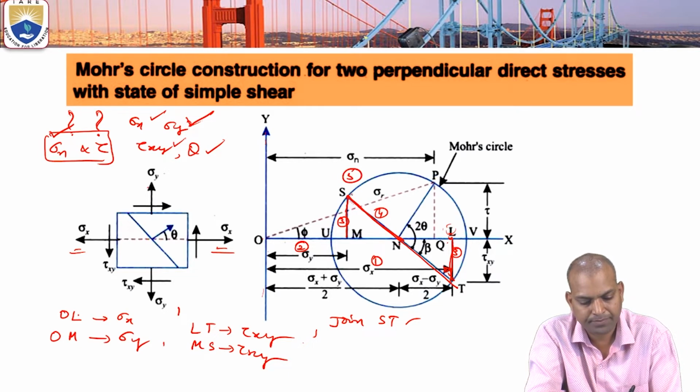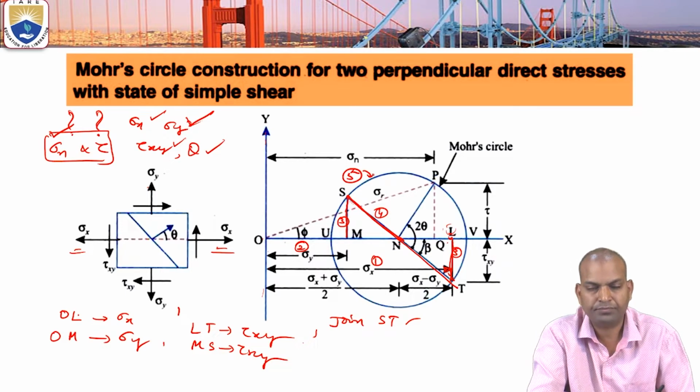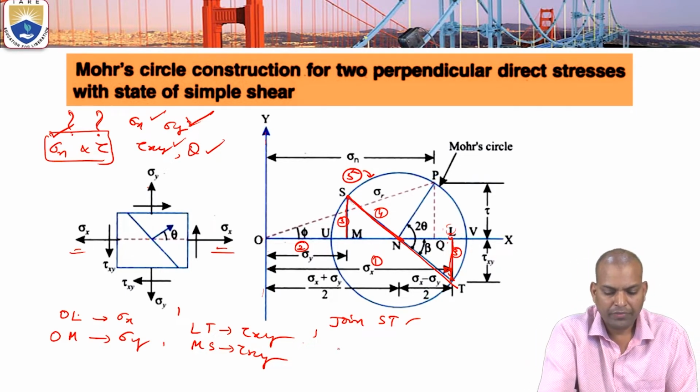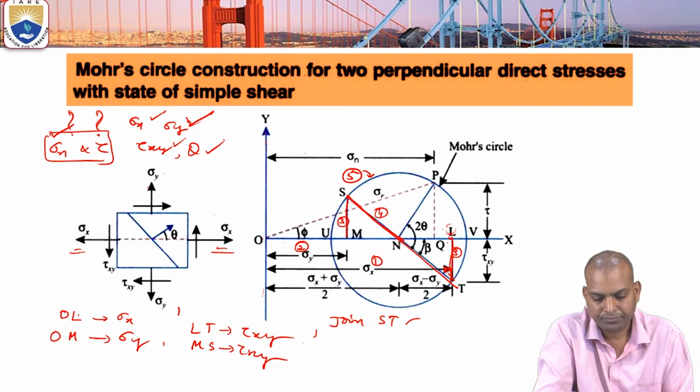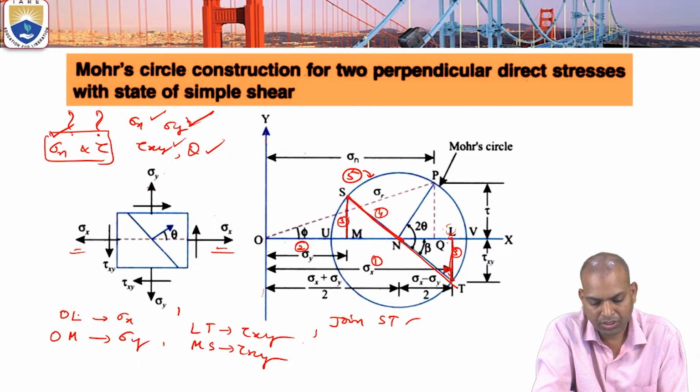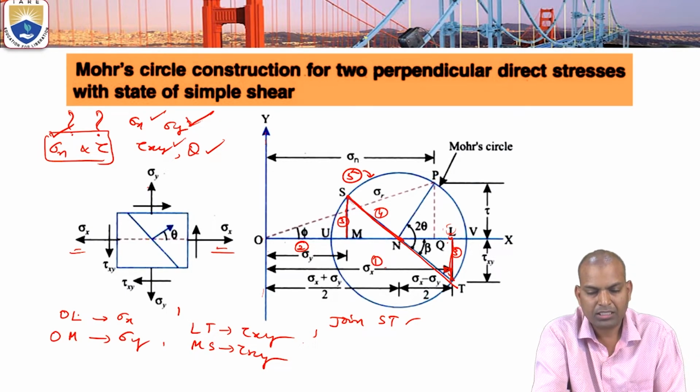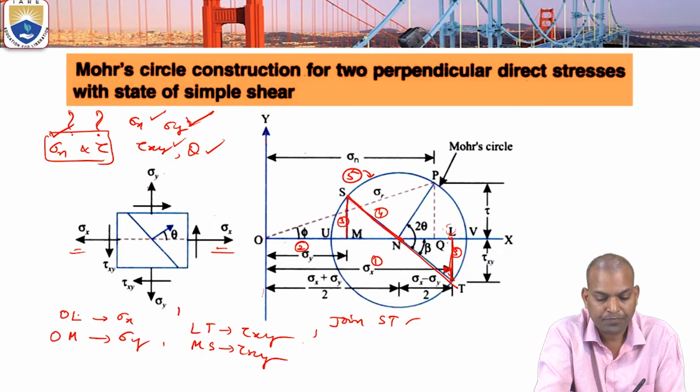This is the fifth step. That circle is the Mohr circle.